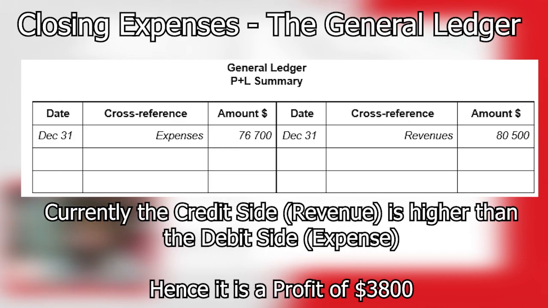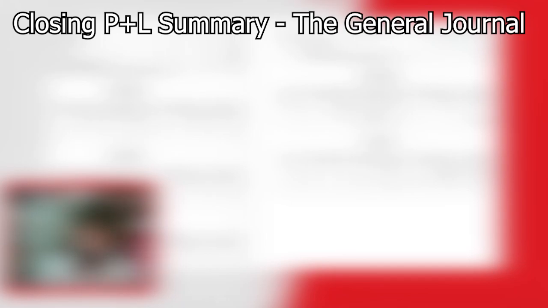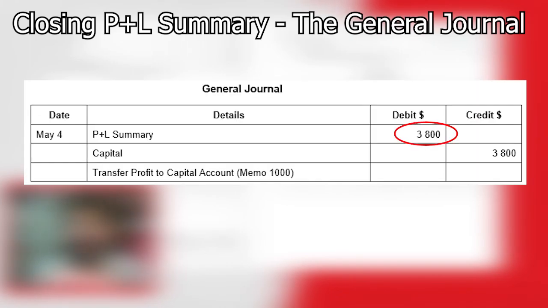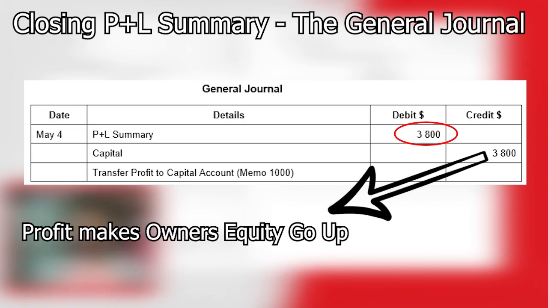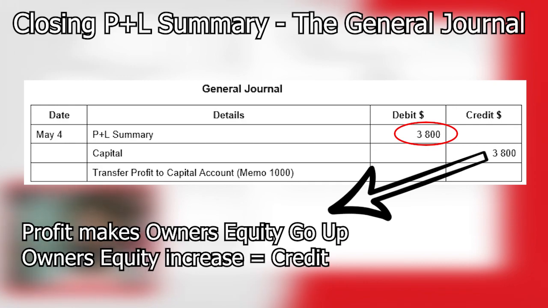So that means our credit is higher than our debit, so we need to make sure that account is 0 as well. Ergo, we want to have a debit of 3,800 to the P&L summary, and that is closed off to capital, which, because we made a profit, capital goes up 3,800. And that's a credit again.